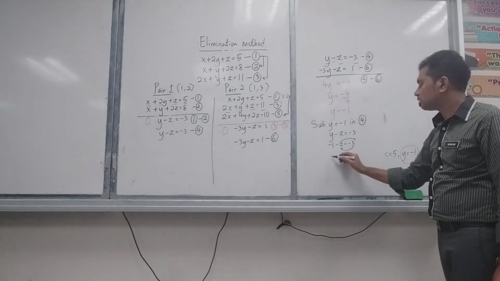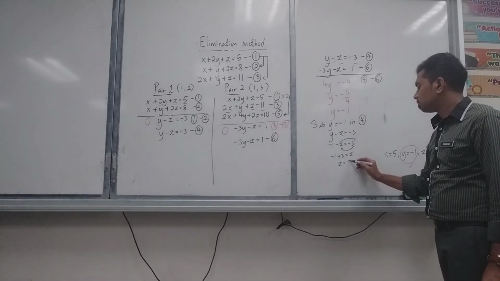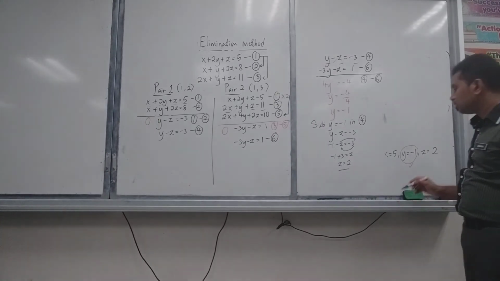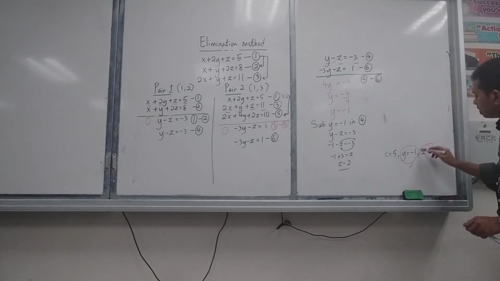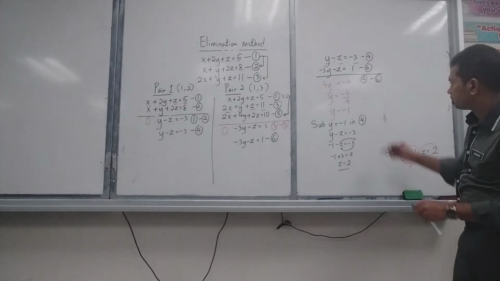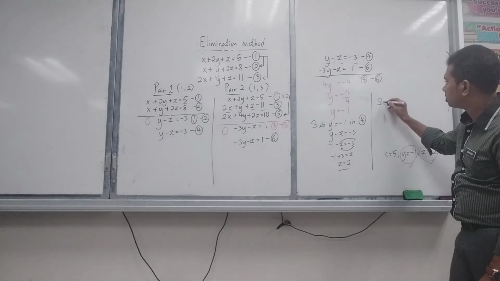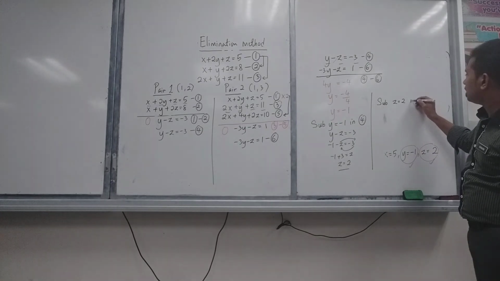This one bring it there. Z equals 2. You can check the one that we got before, same answer. Okay, that's the last step. One more time, sub z equals 2 in.